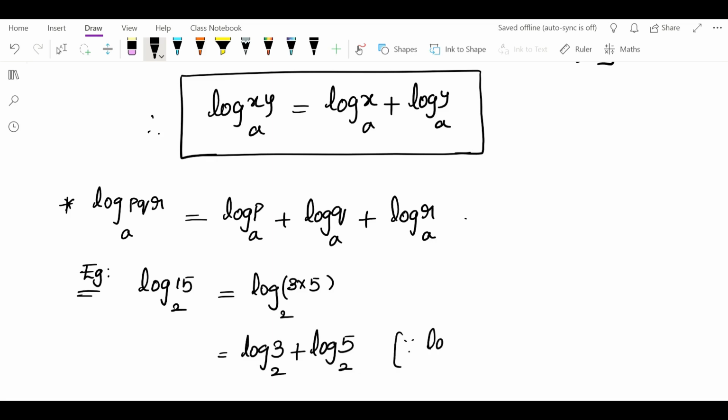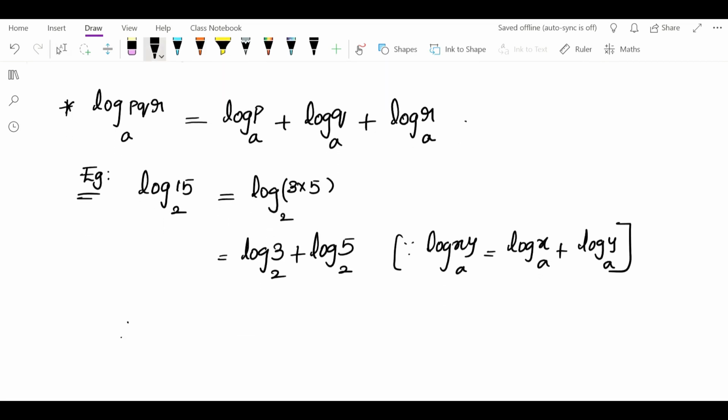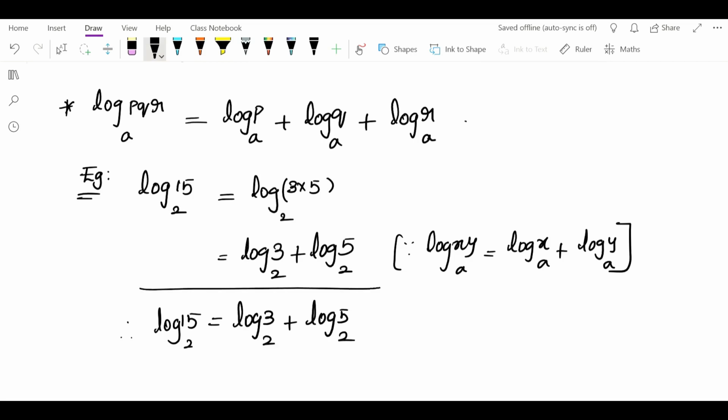Since log xy base a is equal to log x base a plus log y base a, therefore log 15 base 2 is equal to log 3 base 2 plus log 5 base 2.